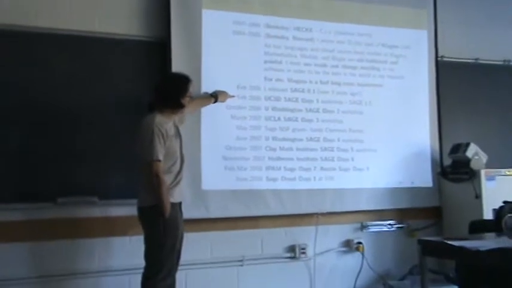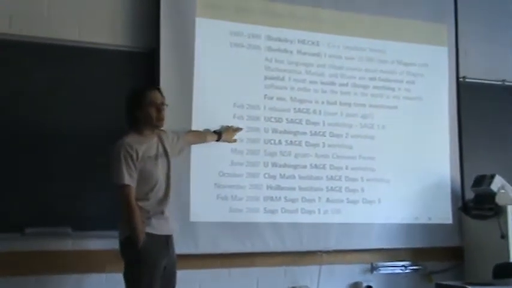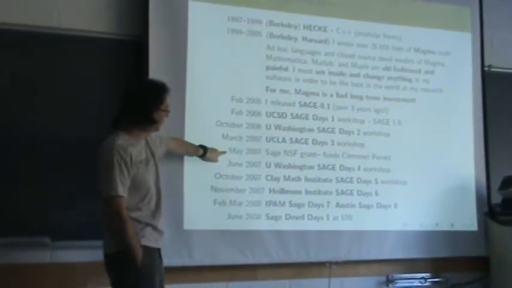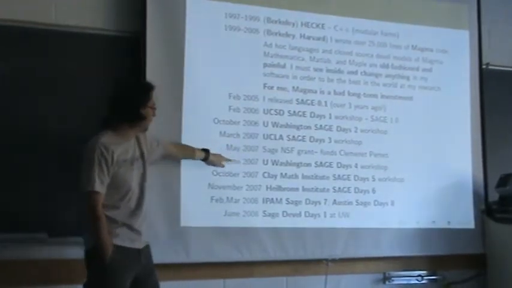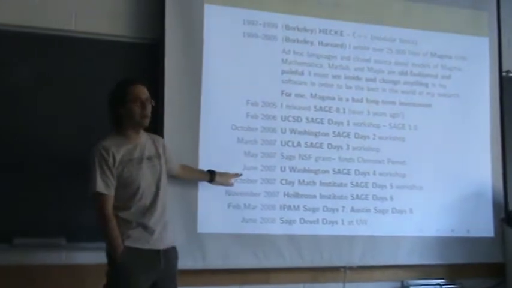And then a couple of months later, I moved to the University of Washington from UCSD, and I had a workshop here, and then another workshop at UCLA, and then another workshop here at the University of Washington in the Mechanical Engineering Building a year ago, and then another workshop at the Clay Math Institute.